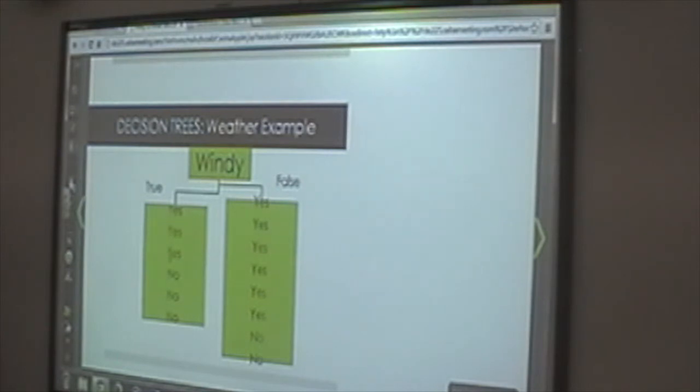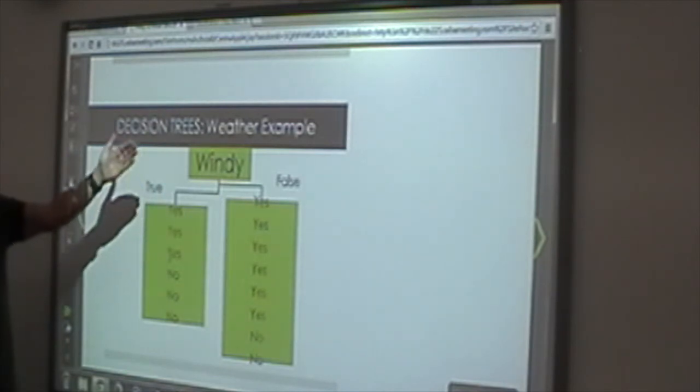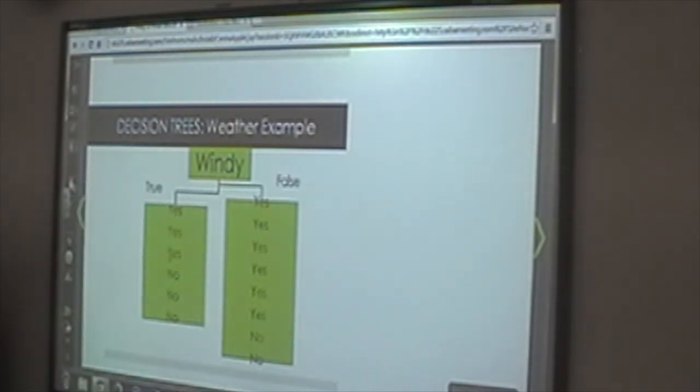Again, you've got a split here: 3 yeses and 3 nos when it was true, and 6 yeses and 2 nos when it was false. So you have 4 possible root nodes, and we haven't even finished doing the trees. This can grow quite rapidly if you have a lot of different attributes. So what tree we want to use is the crucial question here.